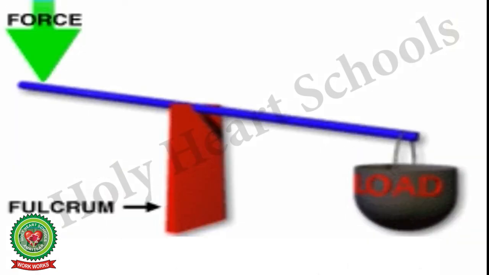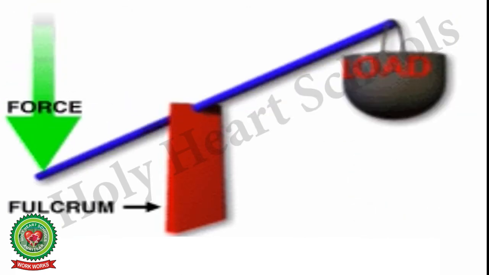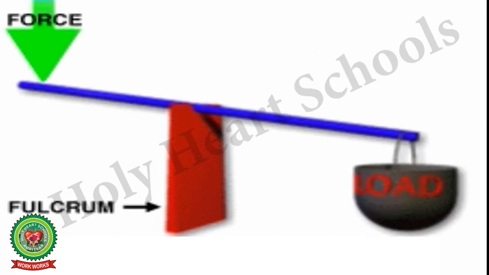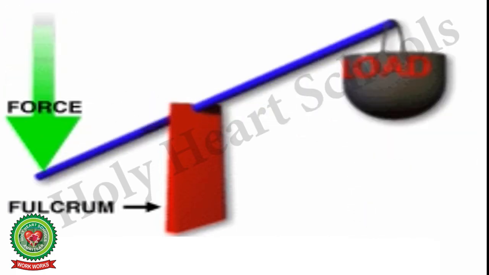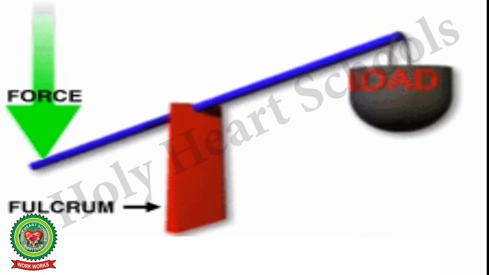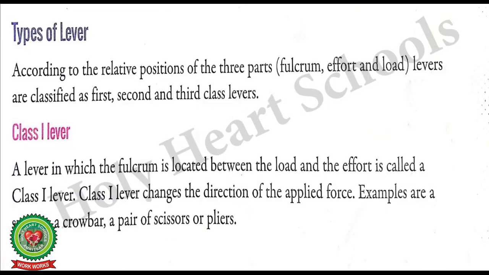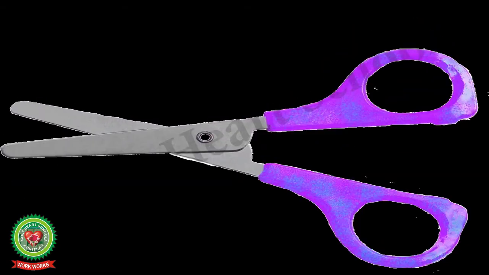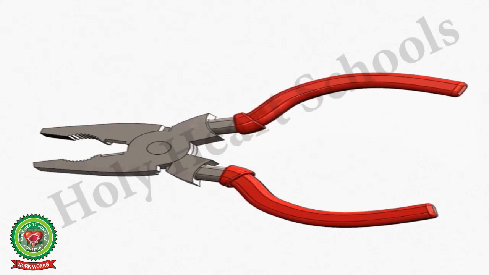In a class 1 lever, the movement of the load is in the direction opposite to the movement of the effort. Students, a class 1 lever changes the direction of the applied force. Examples of class 1 lever are seesaw, a crowbar, a pair of scissors, or pliers, etc.